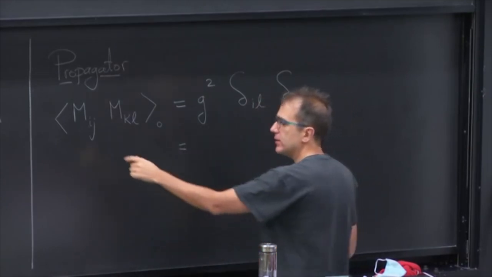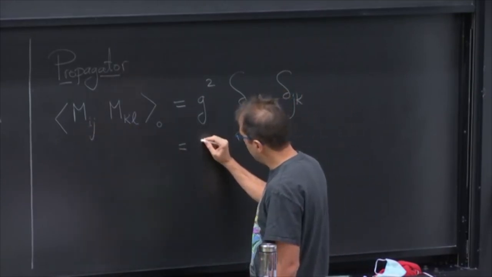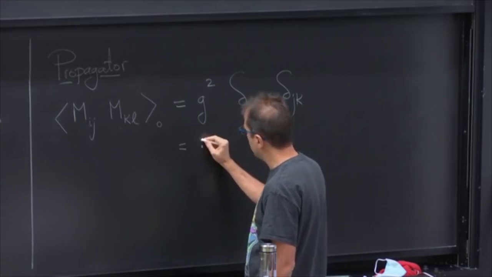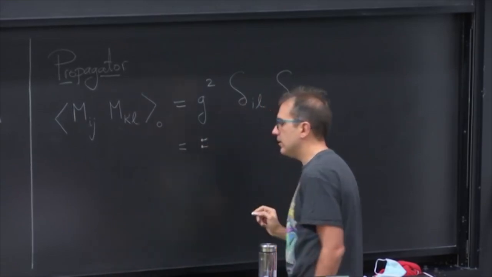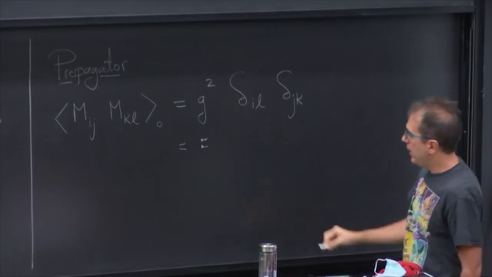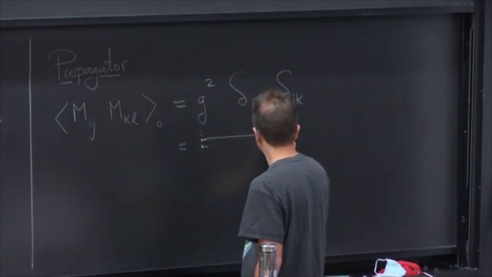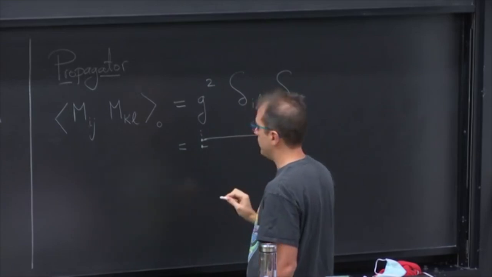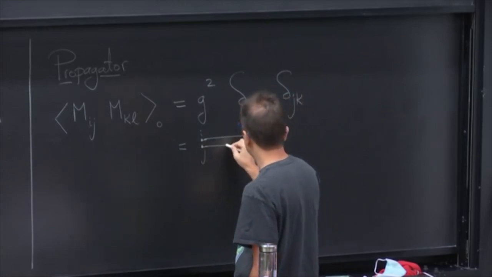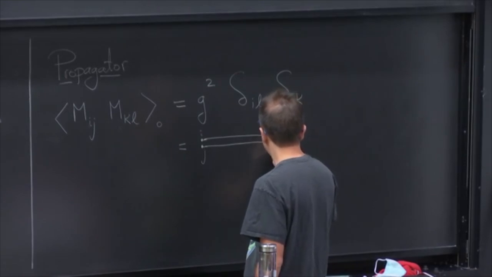And in pictures, you draw it like this. You say that you have a matrix with index I and j, and because the matrix has 2 indices, you write the field as having, you open up the 2 indices, and the index I, which is this, propagates and needs to be identified with index L of the other matrix, and index J of this matrix propagates and needs to be identified with K of this other matrix.